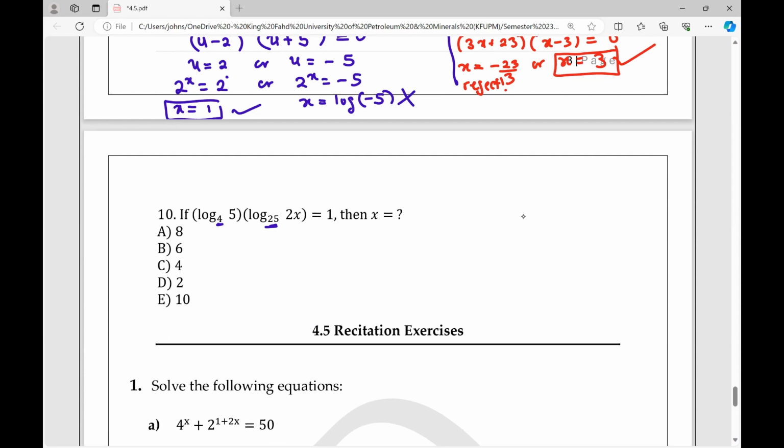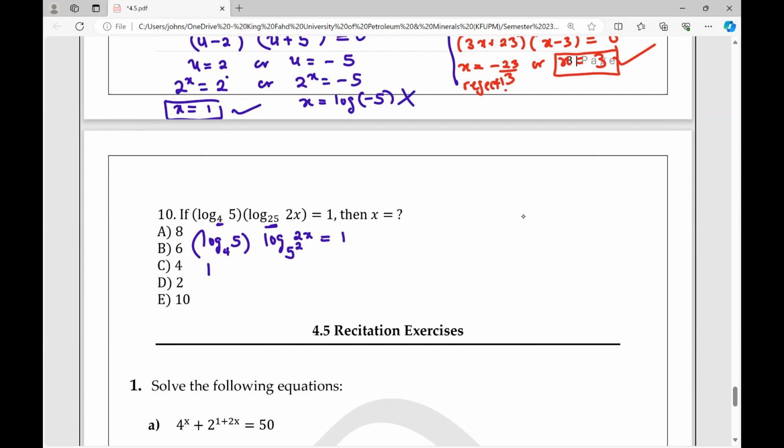This one is log to base 4 of 5. This one we can write as log of 5 squared, then 2 power 2x equals 1. Let's keep it simple here. So what will happen here? It means that these two can go down.